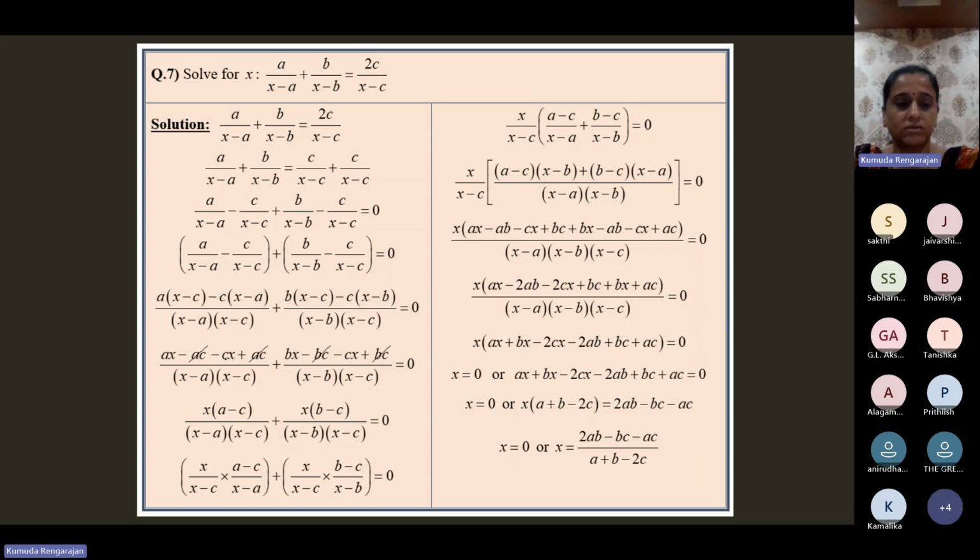So you can see, terms getting cancelled like this. Then we have AX and CX, BX and CX, taking X common. We have this. Okay. So till here is about LCM and all that. Now this is nothing but this one. Here it's nothing but X by X minus C into A minus C by X minus A.